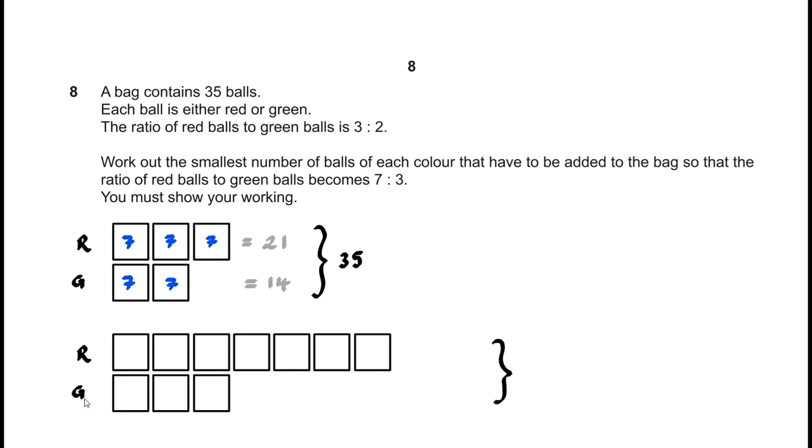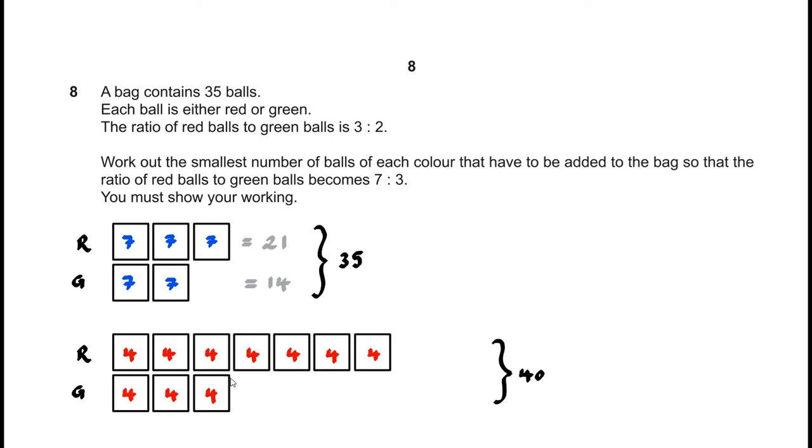Now if we have the ratio of red to green afterwards becoming 7:3, that means the total must be a multiple of 10. Now we've got more balls than the 35 before, so the next multiple of 10 up from 35 is 40.